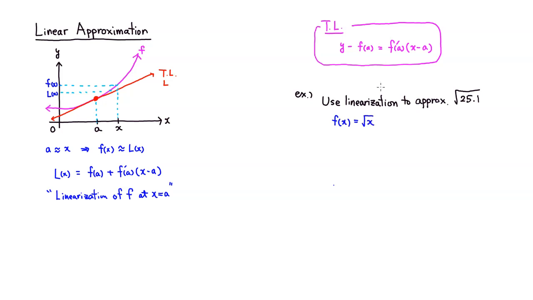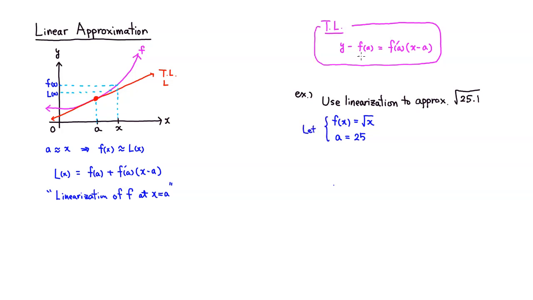And I want something close to the square root of 25.1, so I'm going to take a to be 25, which is fairly close. Let's find the linearization.